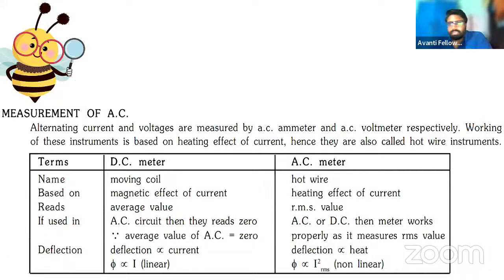Now the question arises that who can measure AC? Alternating current को measure कौन करेगा? To measure the direct current, we use galvanometer, we use ammeter. Clear है?